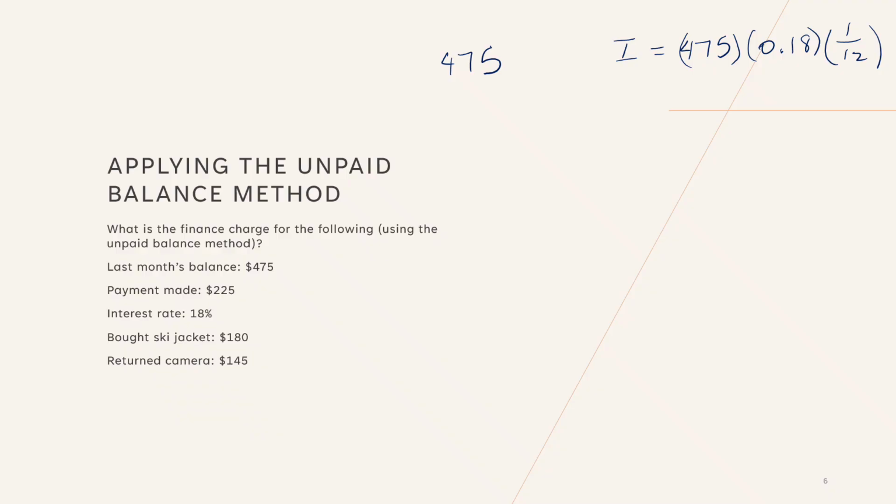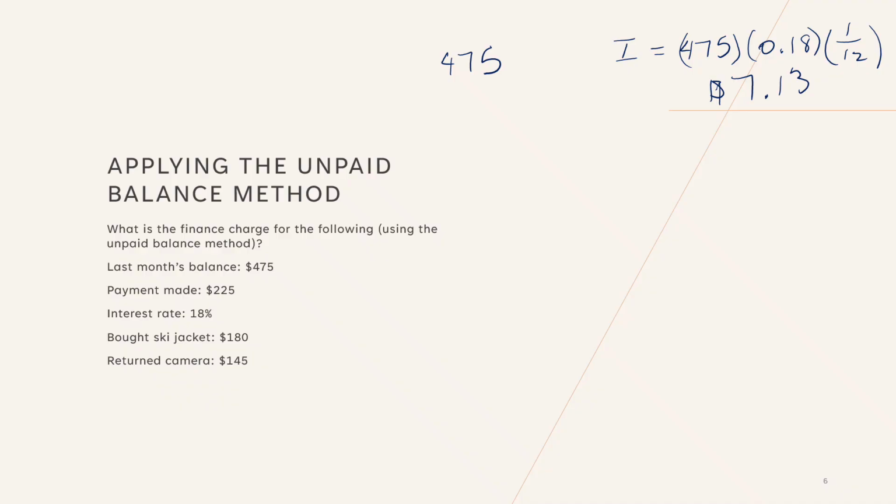Well, we're only talking about 1 month, so that's 1/12 of a year. So we have 475 times 0.18 times 1/12, and that gives us $7.13.